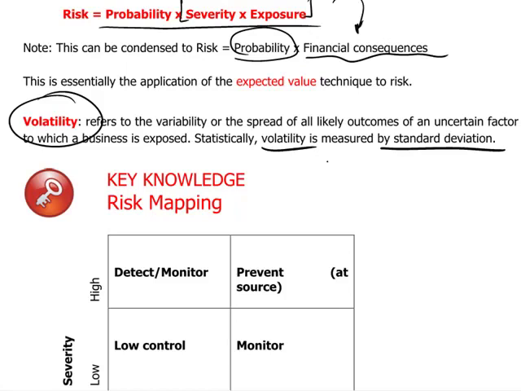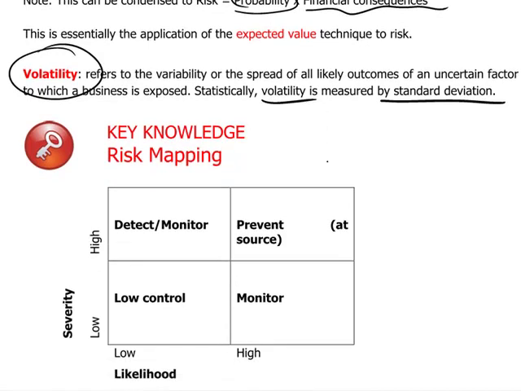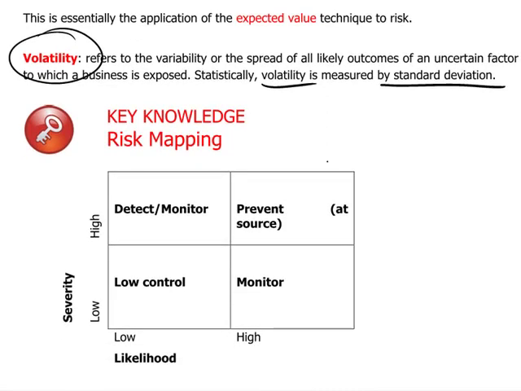Now, there are a number of tools and techniques in which we could organize our thinking about risks, and one of them is risk mapping. Now, risk mapping has to do with organizing in 4 quadrants here how we would classify the risks that our business is faced with from the standpoint of severity, whether it's high or low severity, and also whether the likelihood of the risk occurring is high or low.